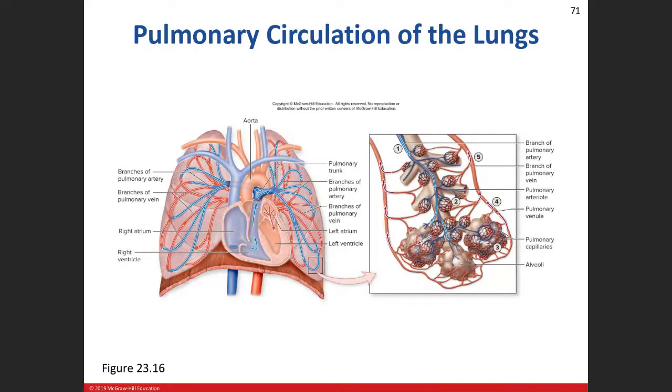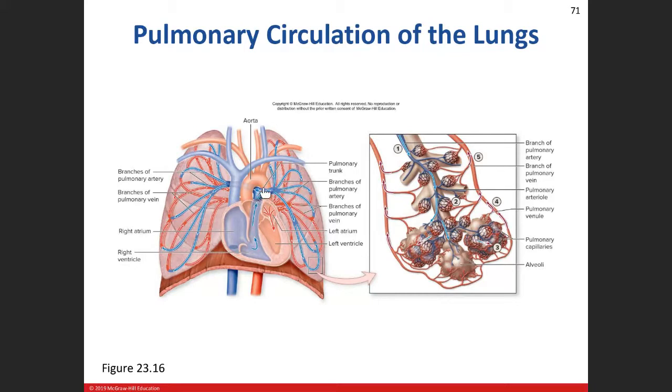So this picture here does a great job showing us the pulmonary circulation. Okay, right atrium, right ventricle. The right ventricle pumps the deoxygenated blood out into the pulmonary arteries. The right and left pulmonary arteries go to the right and left lungs respectively.